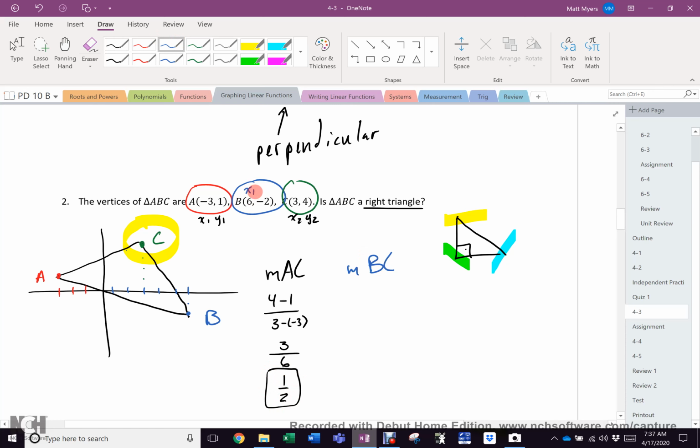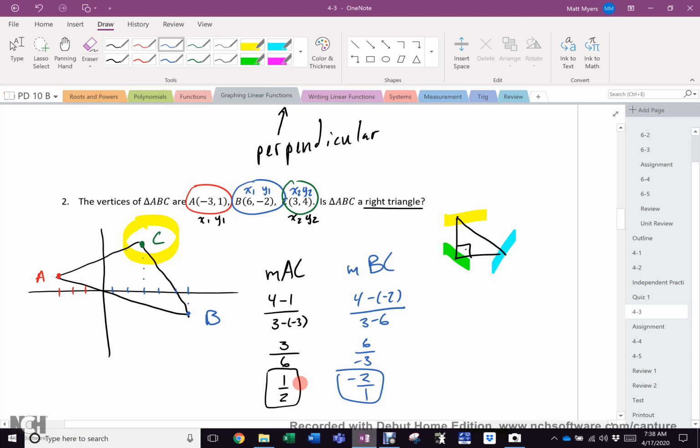There's our X1, Y1, X2, Y2. 4 minus 2 over 3 minus 6. 4 minus 2 is 6, right? Over 3 minus 6 is -3. 6 over -3 is -2 over 1.